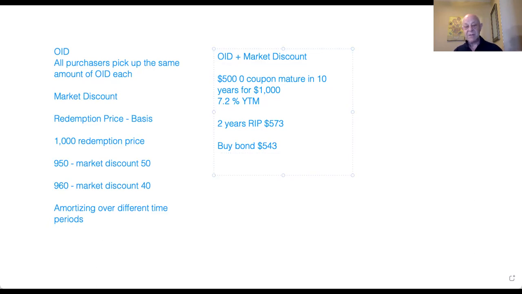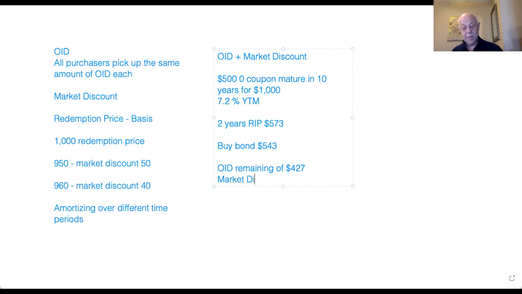It has original issue discount remaining of $427, and that's going to be picked up on a yield to maturity basis over the remaining 8 years. But now you also have market discount.